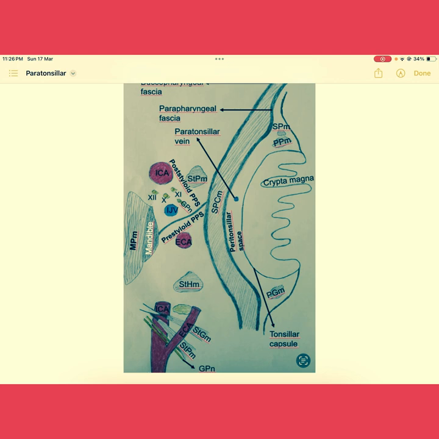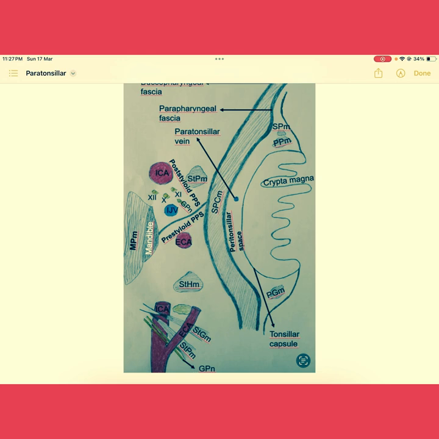Behind this buccopharyngeal fascia, you can see there are four cranial nerves: 9th, 10th, 11th, and 12th, and the internal jugular vein, internal carotid artery, and external carotid artery between the buccopharyngeal fossa and the mandible.